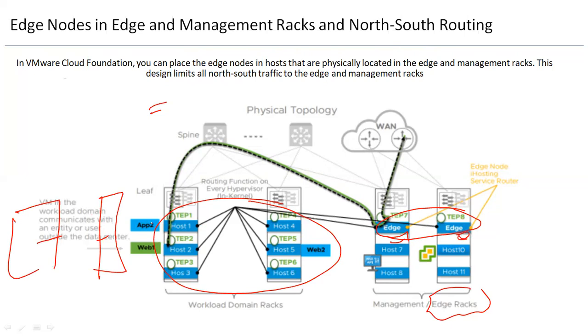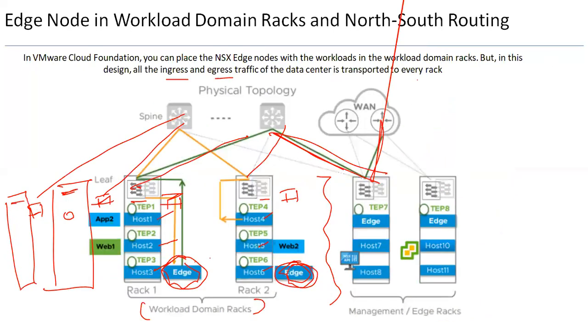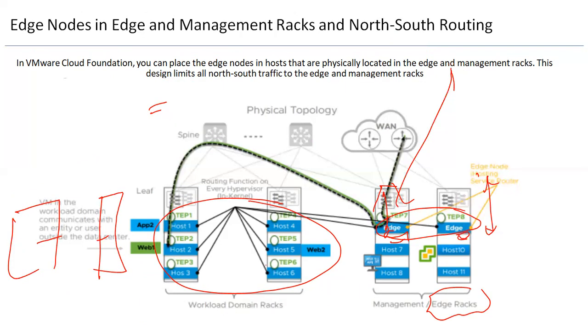In that way, there would be one path of data in and out of your data center. A single rack or a couple of racks would be responsible for data in and out of your entire VCF environment, as compared to the previous topology where edges are deployed in a scattered way in multiple places, where the environment could be more complex compared to the environment where we put the edge rack separately.